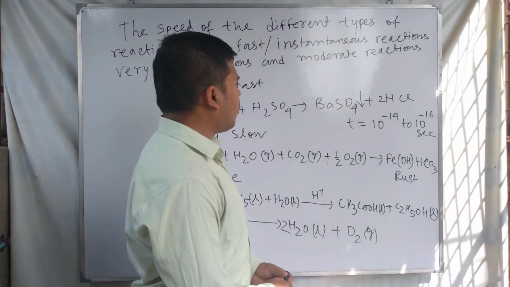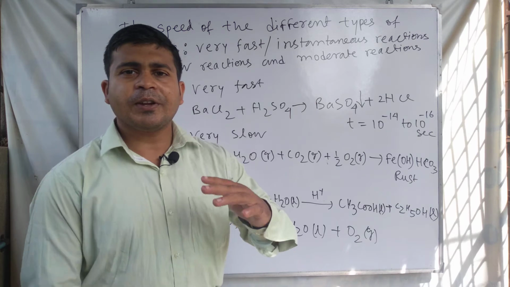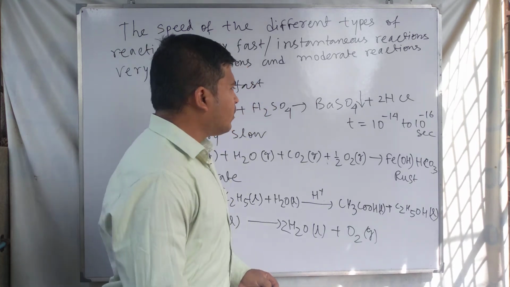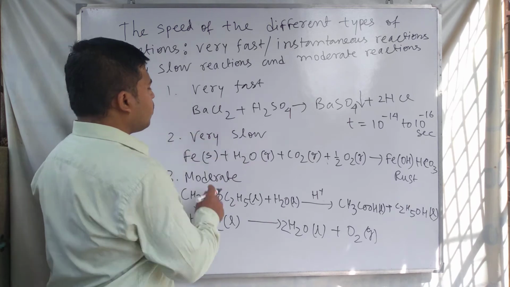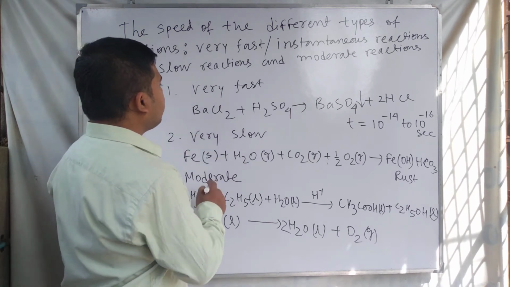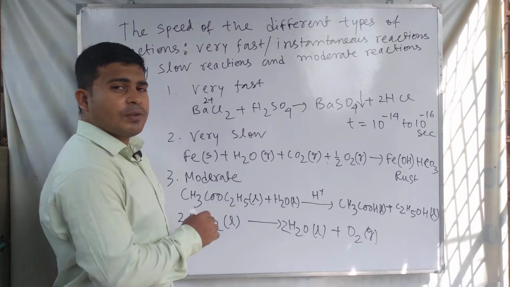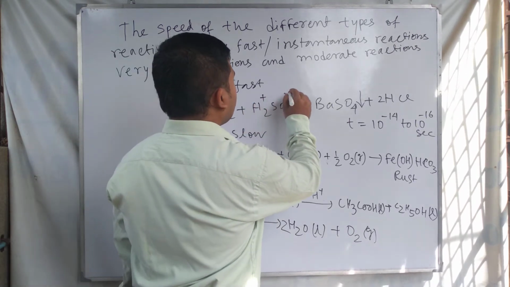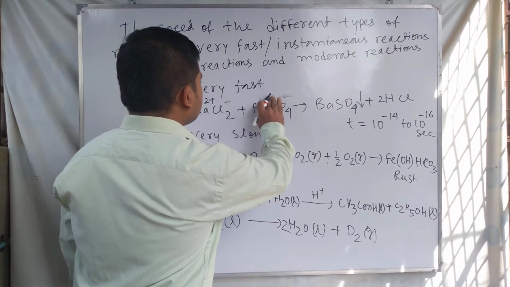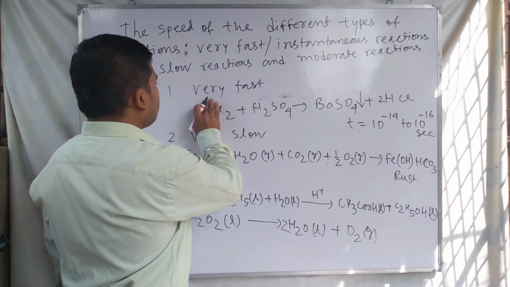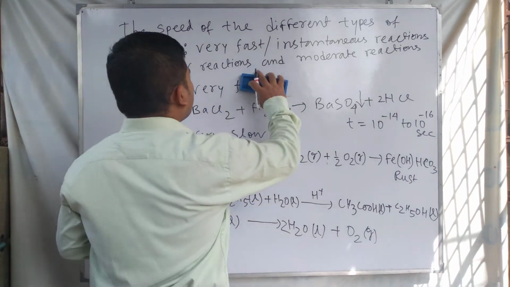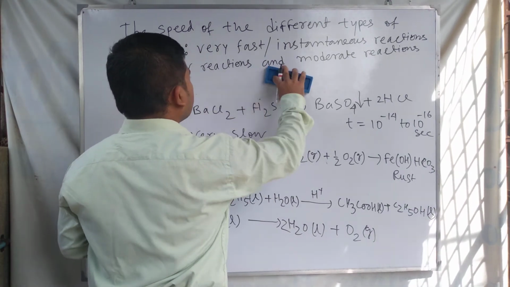Why do these reactions take place at a very high speed and instantaneously? The reason is this: in barium chloride you can find Ba 2+ and Cl minus, and in H2SO4 H plus and SO4 2 minus. To show it correctly, we need to understand its ions.